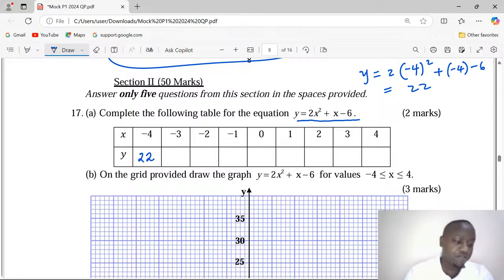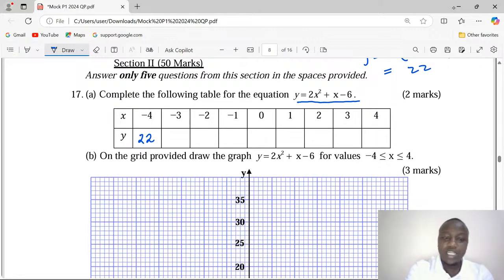Then you continue filling the table, whereby in the second case, when you substitute negative 3, you get 9. You substitute negative 2 in the same equation, you get 0. You substitute negative 1, you get negative 5. You substitute 0, and you get negative 6.